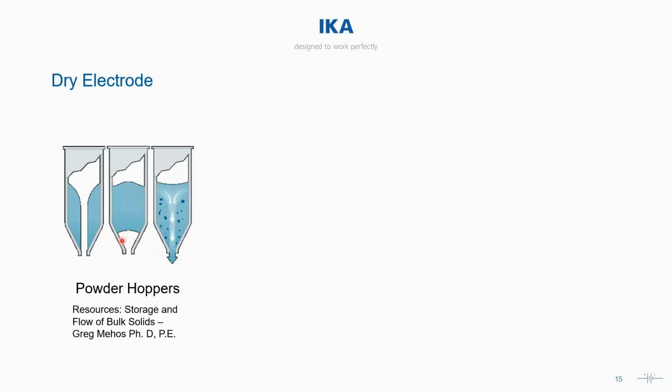Extremely frustrating, extremely costly to production, and extremely annoying to have to vacuum out. And then the final hopper, we see the good hopper. This hopper is experiencing a phenomenon called mass flow, where we are seeing a first in, first out process of material flow out of our hopper.